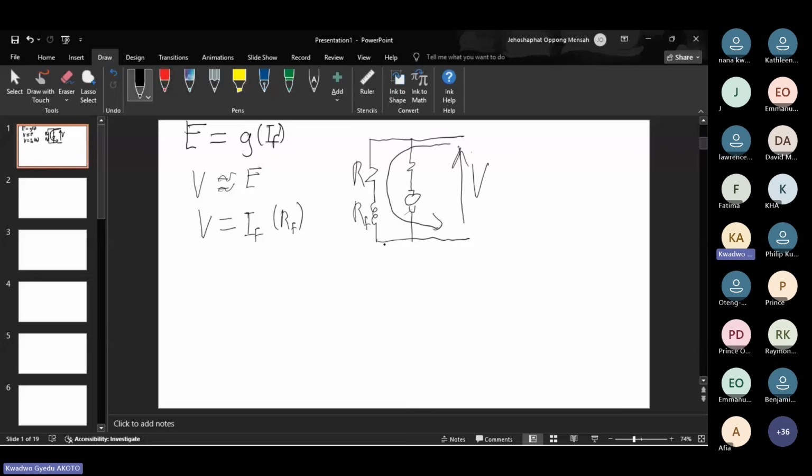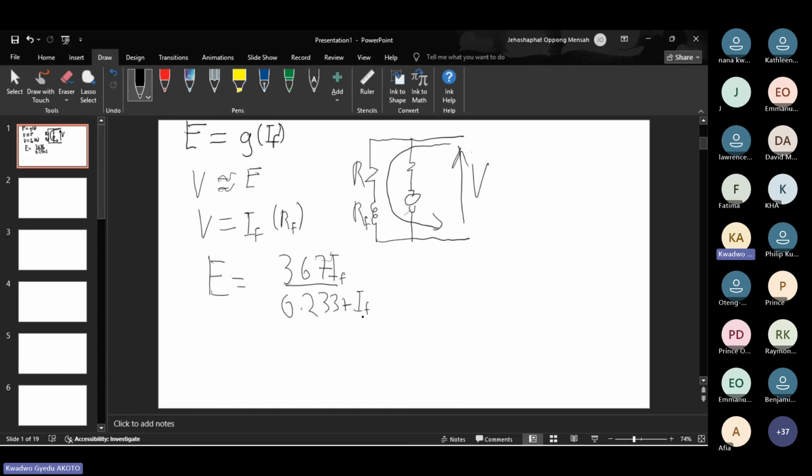So with this being the case, then we can take our E of G, our open circuit characteristics, 367 IF over 0.233 plus IF.